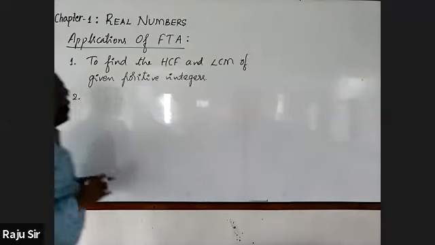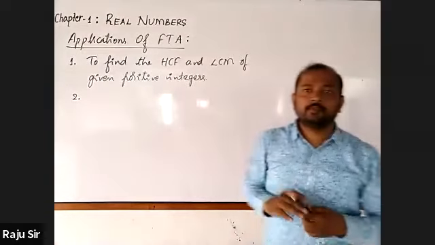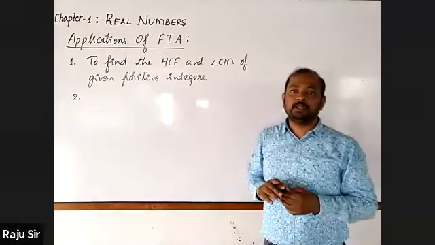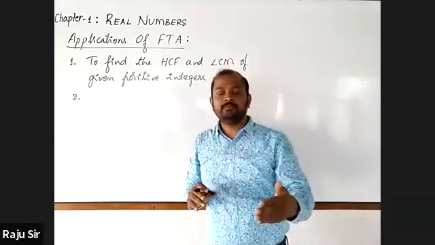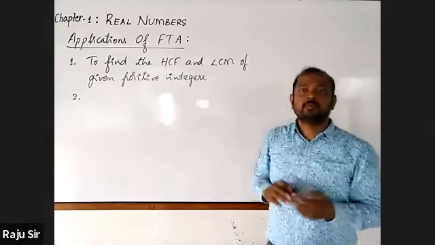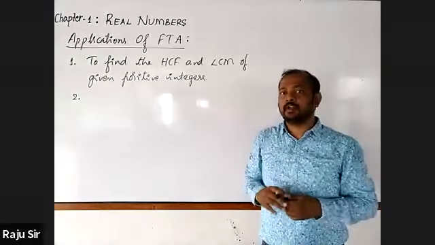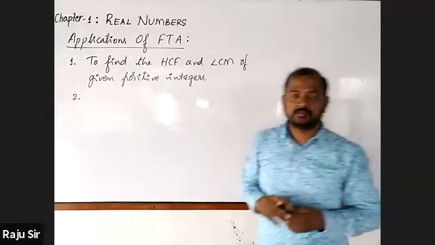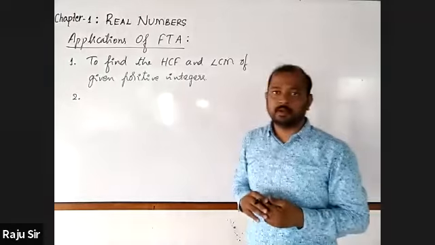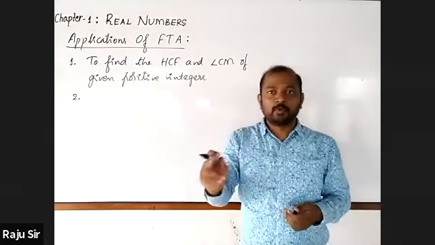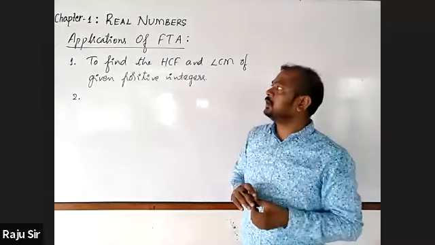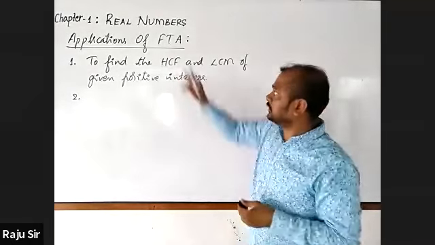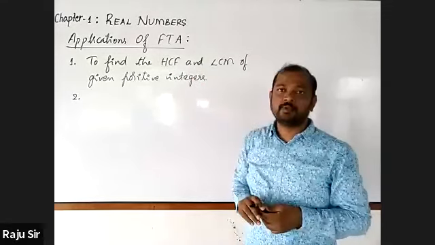And the second one. You are very familiar with the number which cannot be expressed in the form p by q, where p and q are integers and q is not equal to 0. It is an irrational number. So to prove the given number is irrational, we will use the Fundamental Theorem of Arithmetic.